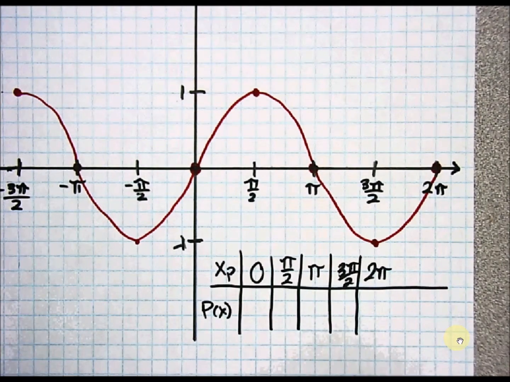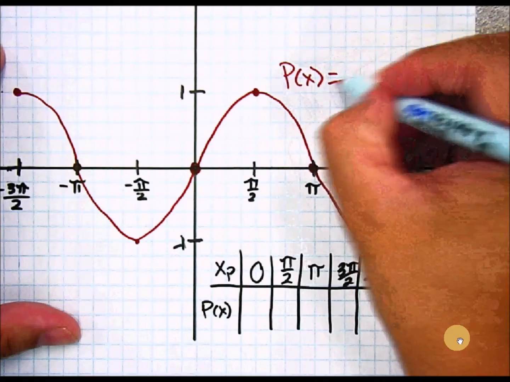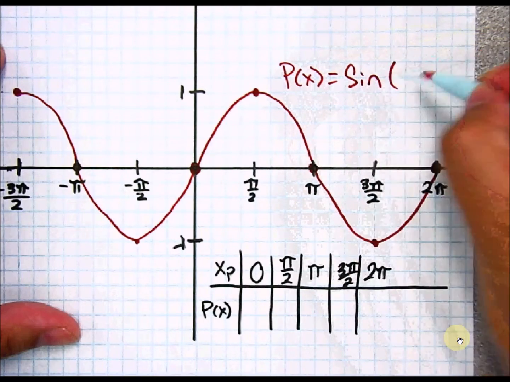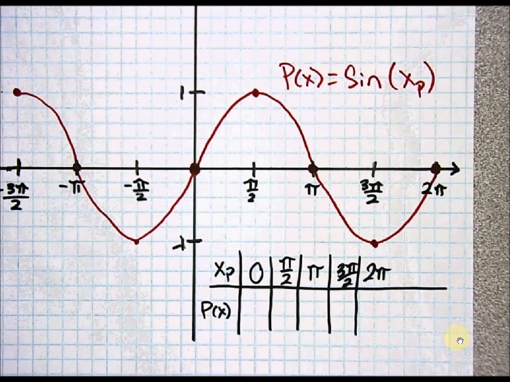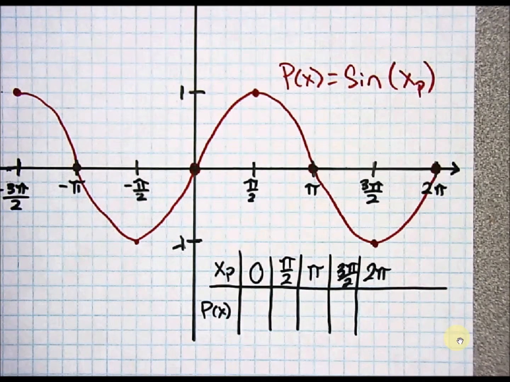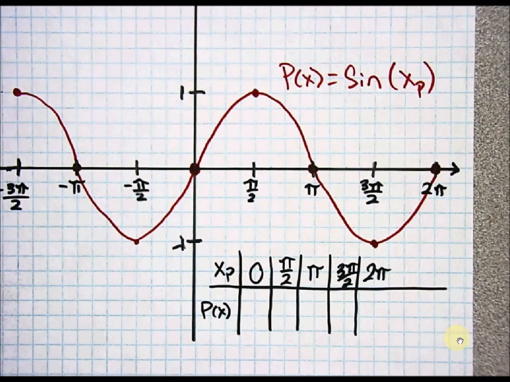This is the parent function right here, p of x, which is the sine of x. But for our purposes, I will call it x sub p to represent the domain of the parent function. The nice thing with function families is that once you know what the family generally looks like, and sine is perfect for this, you really only need to know certain points.